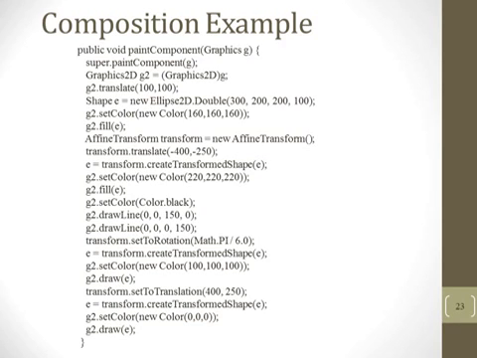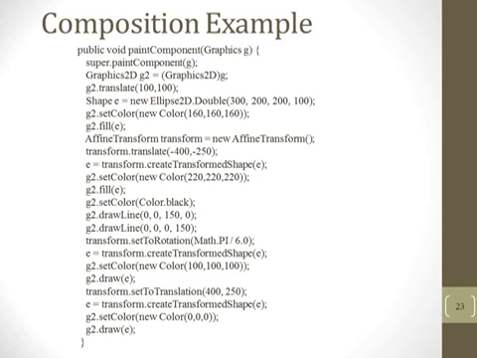After that we change the color to black, and we draw lines as axes for the ellipse to see the rotation about the indicated point.